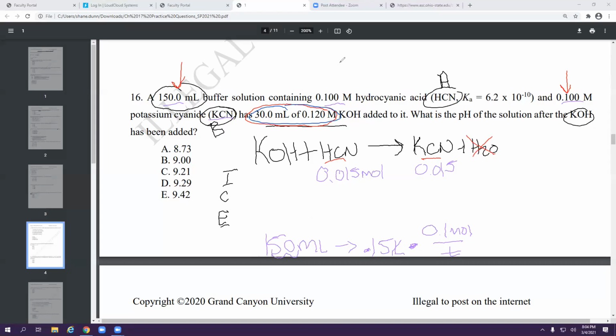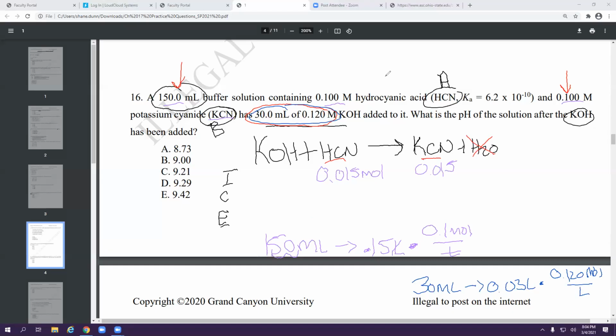Okay. So for the KOH, 30 milliliters to liters gives you 0.03 liters times 0.12 moles per liter.